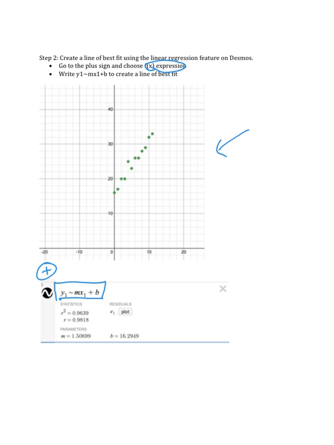So it looks a lot like y equals mx plus b, but what we're telling Desmos is that we want to use this table of values. We want to use all of those values of x and y that we have graphed, and we want to find this line of best fit.